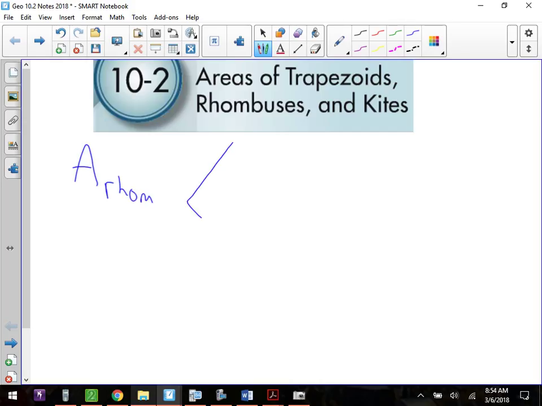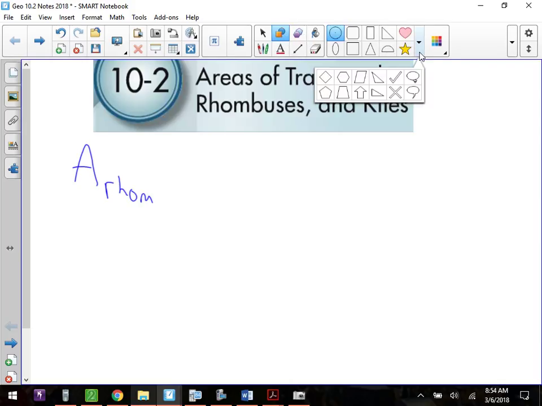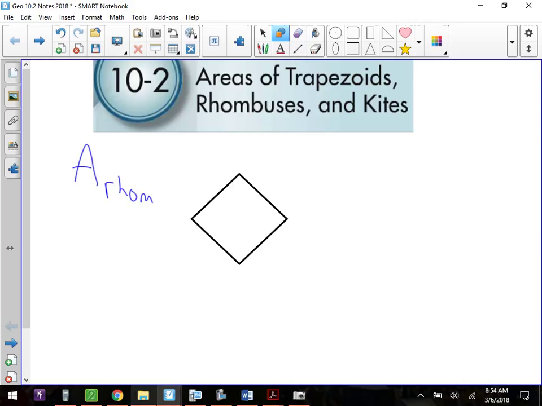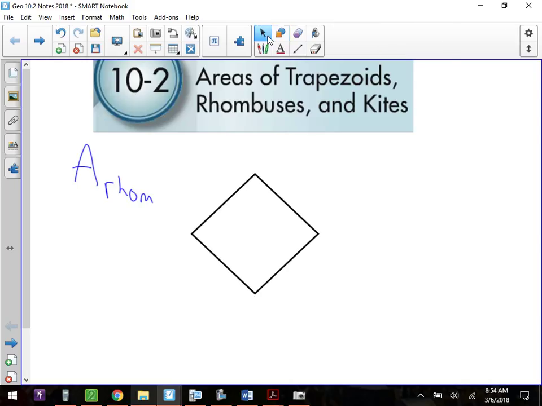Remember, a rhombus has all four sides that are congruent, and it has diagonals that are perpendicular.